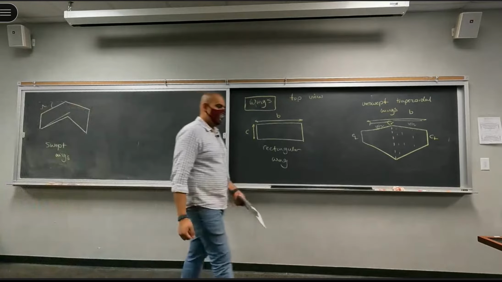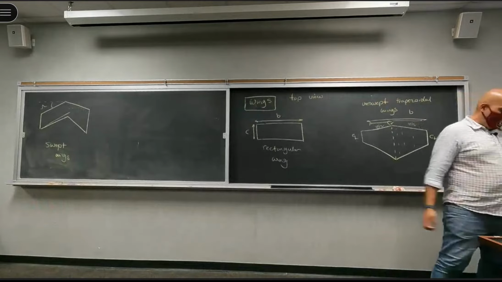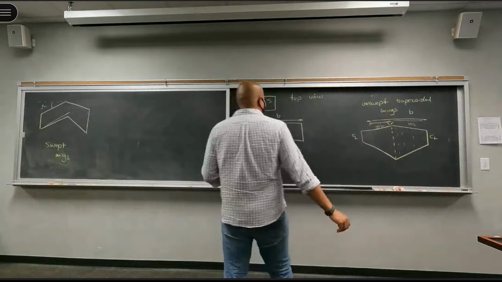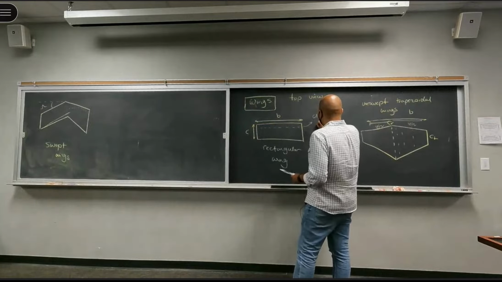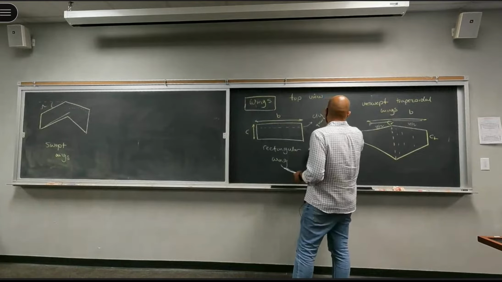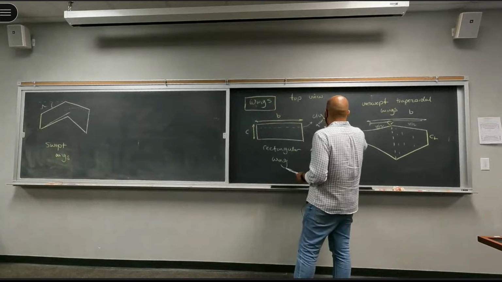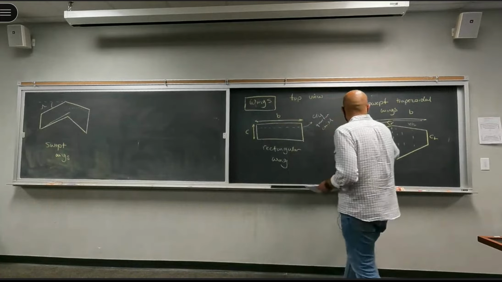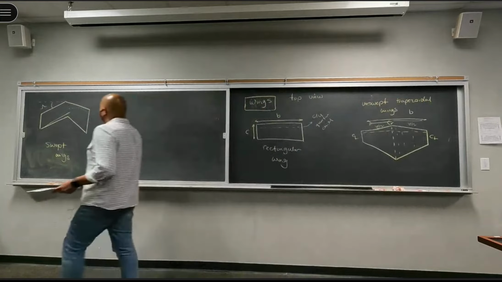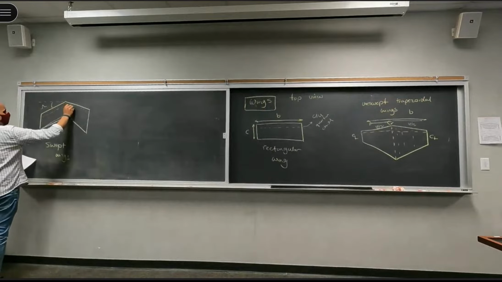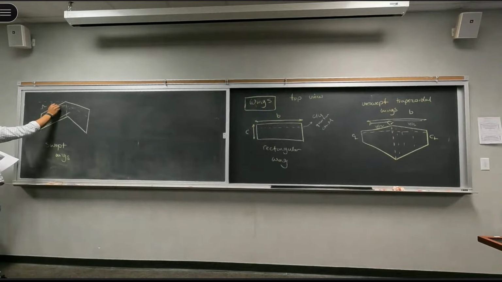Swept wings always have a sweep angle, lambda. And I think there's something I forgot to mention, that the quarter chord line is also a very important part of the wing design, quarter chord. Same as here, quarter chord line. And for the swept wing, the quarter chord sweep angle may be different from the leading edge sweep angle. So we have the sweep angle at the quarter chord and also at the leading edge.